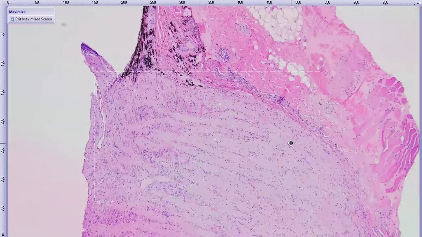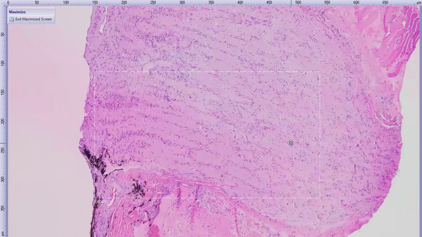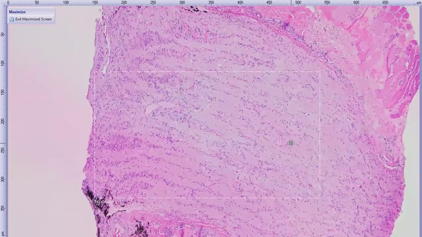So let's find the optic nerve. So here's the optic nerve, hypercellular, so there's gliosis. It doesn't look cupped, but at the same time, there's retinal detachment. So every time the retina detaches, it kind of pulls everything forward, so it's a little harder to define cupping of the optic nerve.